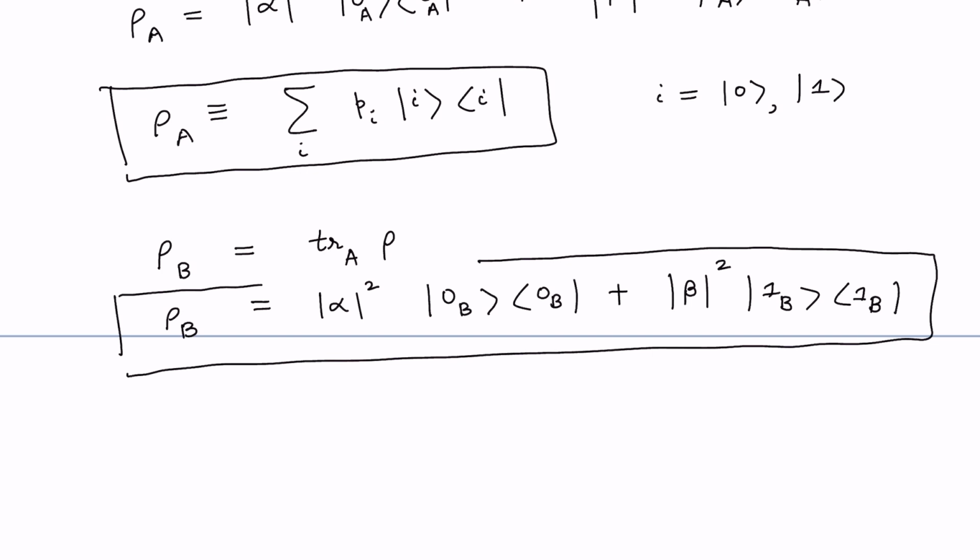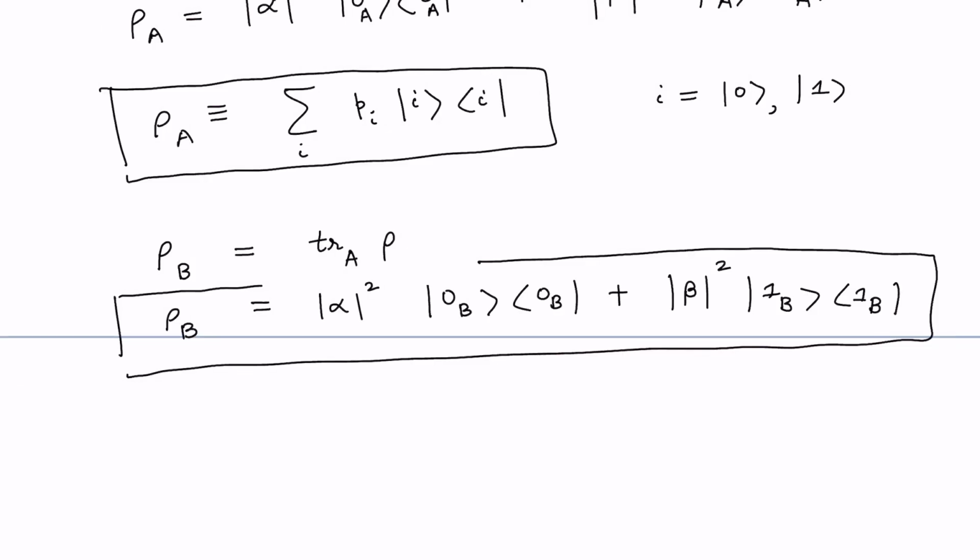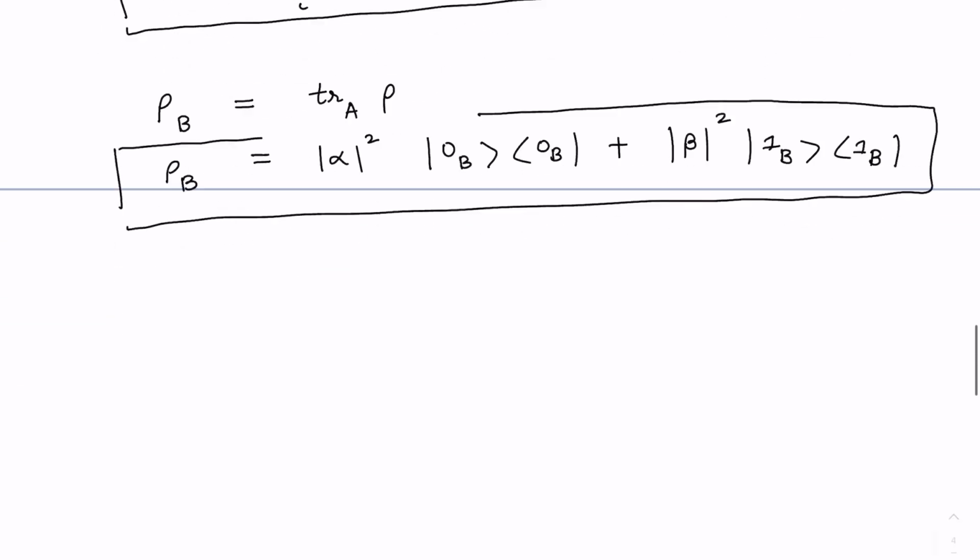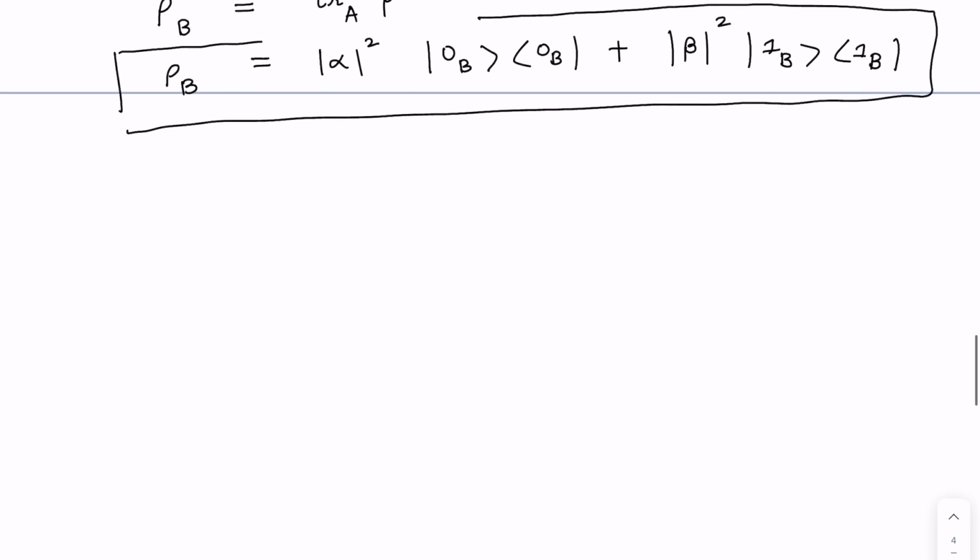And this is what, as we have seen, is the so-called quantum entanglement. This offers us a tool to characterize entanglement based on the purity of the state of the individual system.